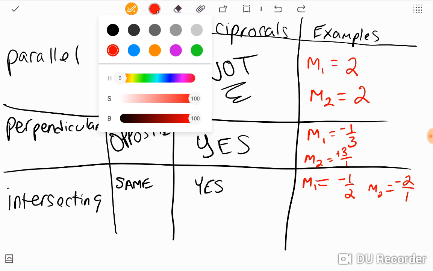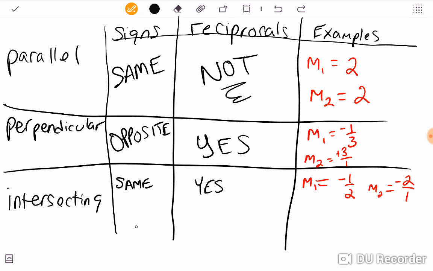So then the other kind of intersecting would be where the signs are opposites, but the reciprocal doesn't have it. So notice, okay, well the sign is opposite, but no reciprocal.